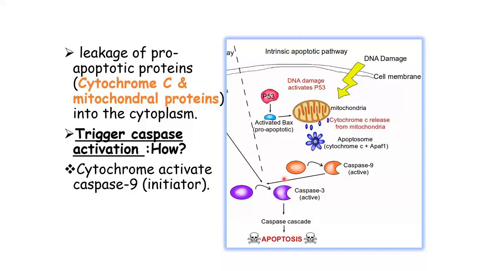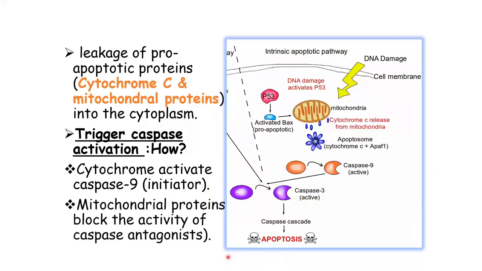So this caspase 9 will go and activate different caspases until it reaches the executioner caspase, which is caspase 3. And its activation will go to activate what? It will activate the endonuclease and the other proteins that will end in apoptosis.